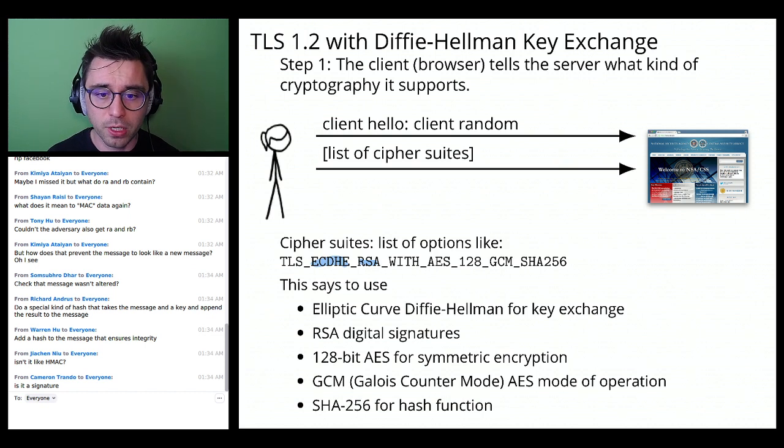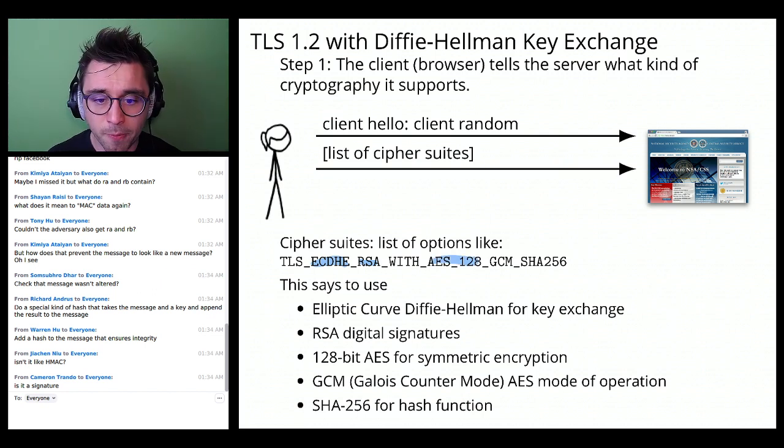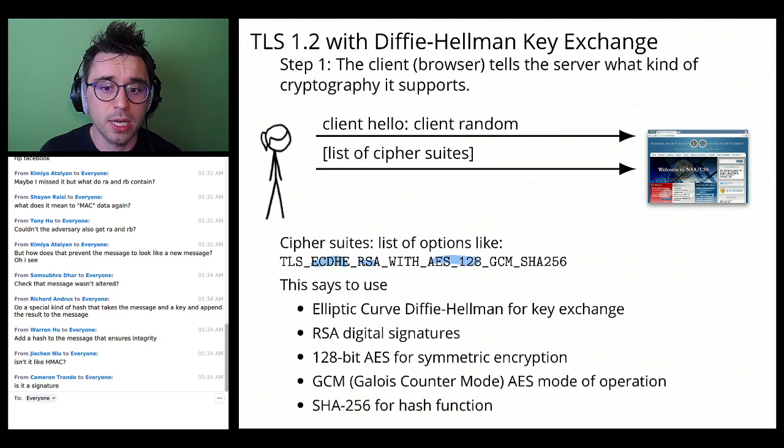What do we do after? Well, we're going to use AES for symmetric key encryption, and we're going to use AES with 128 bits. The mode that we're going to run AES in, remember, we have different modes to run block ciphers because we're going to encrypt a lot of gigantic messages. So we're going to use GCM. AES in GCM does not only encryption, but it does encryption and authentication.